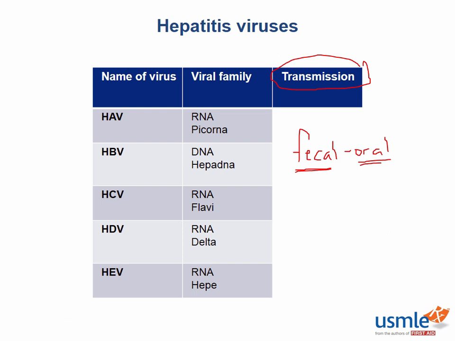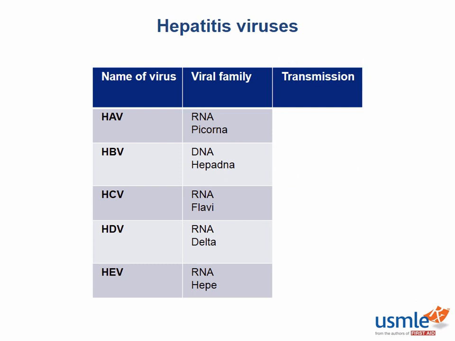This can be seen in contaminated water or other contaminated food items. The other way is parenterally, a route that's outside of the enteric tract, or outside of the gastrointestinal tract, usually through intravenous drug use or IV transmission, blood transfusion, sexual transmission. Those are your common forms of parenteral viral transmission.